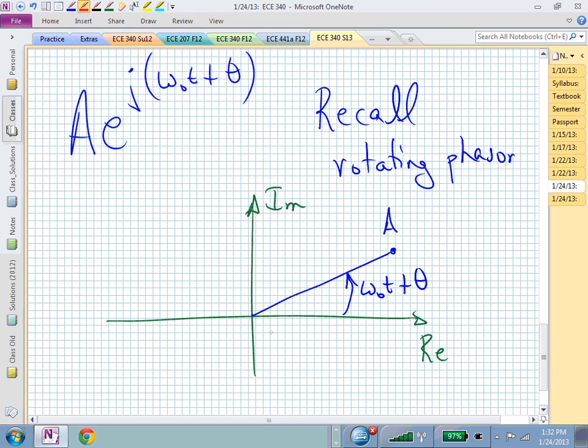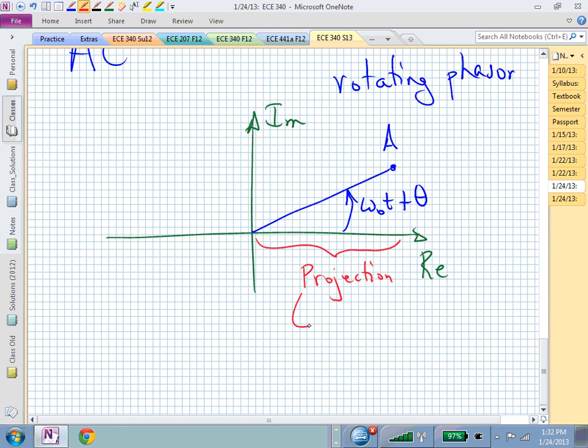If we want the projection onto the real axis, that's actually going to give us the A cosine omega naught t plus theta. So we're just now having this phasor spinning around, and we're simply concentrating on what's being projected onto the real axis, and that's what's giving us our A cosine of omega naught t.